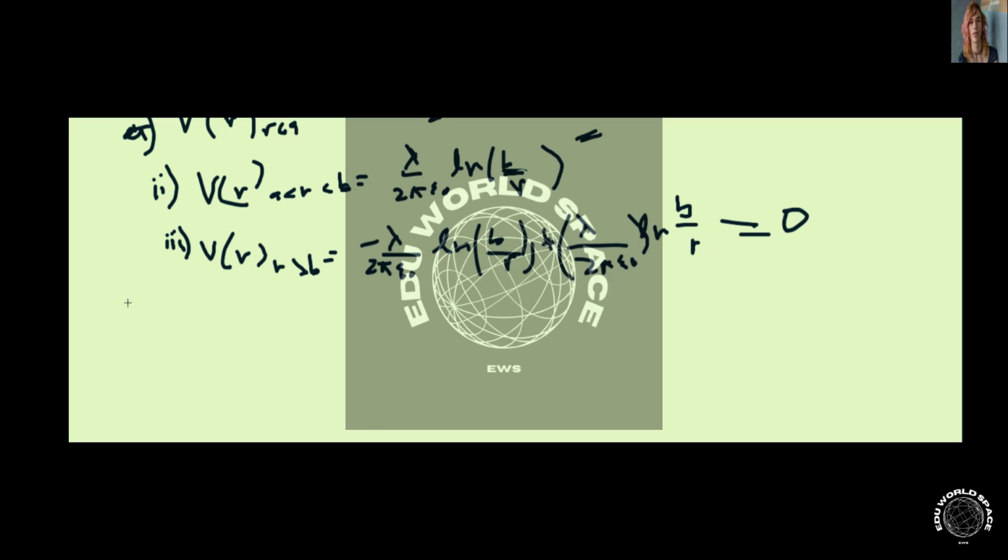At r equals b, the potential V(b) is actually equal to 0.